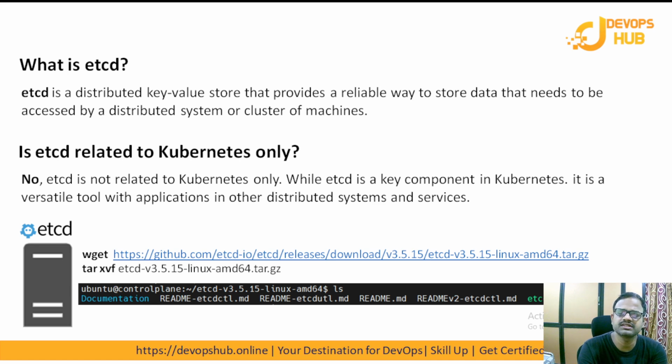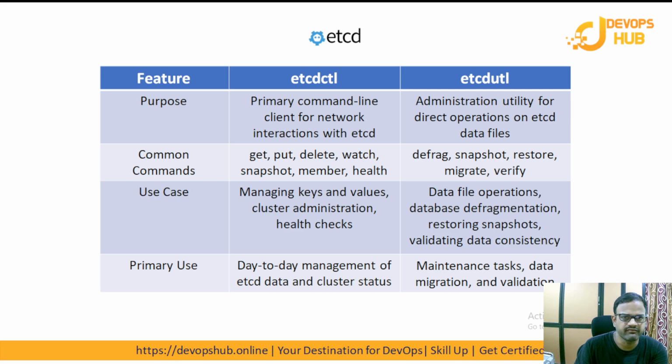So let's understand a bit more about etcdctl and etcdutl. Why is etcd maintaining 2 clients, 2 command lines? What is the purpose, at a high level? etcdctl is the primary command line which we use to create a key pair, delete a key pair, modify a key pair, and to create a snapshot.